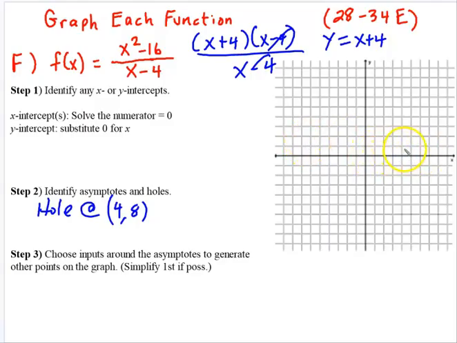One, two, three, four. 1, 2, 3. So I'm going to go ahead and put a hole there. And just draw y equals x plus 4 on either side of it. It basically jumps over that hole. I'll try my best. That's terrible.